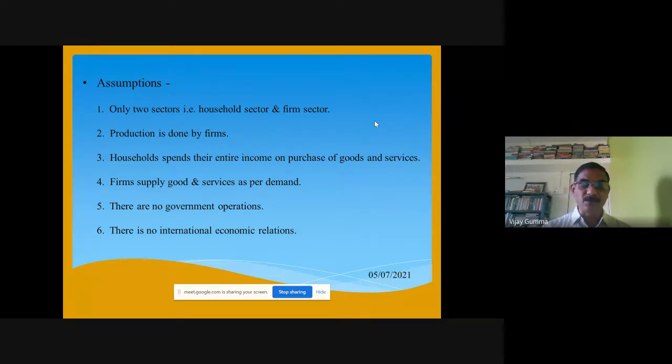It means that there is no import and export of goods and services between any two countries of the world.